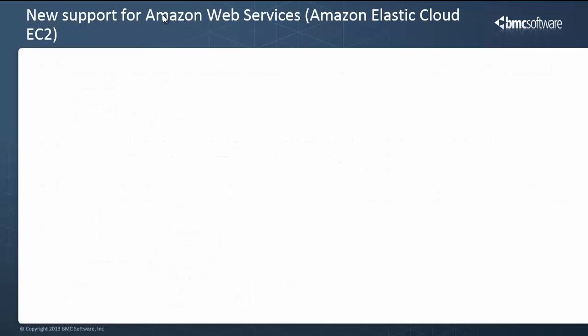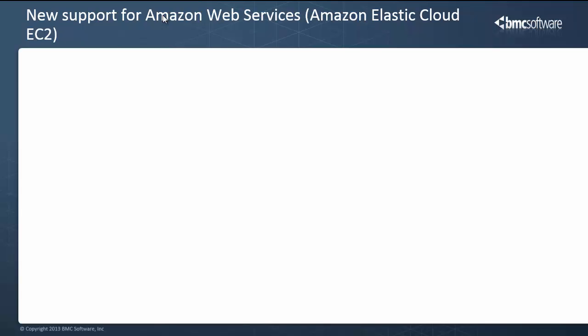Previous versions of CLM provided support for Amazon EC2, that is the external cloud provider Amazon Elastic Compute Cloud. This version extends management support for Amazon Web Services. The cloud administrator can now create and manage requestable offerings and service instances for AWS.